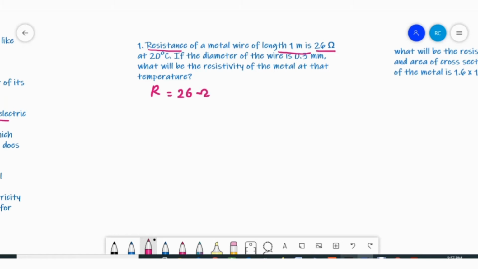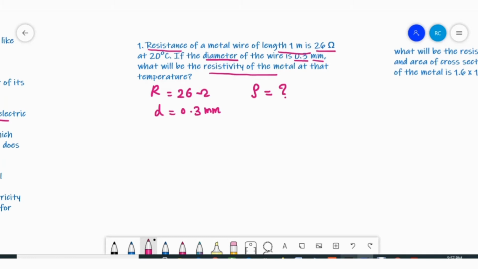If the diameter of the wire is 0.3 mm, what will be the resistivity of the metal at that temperature? So diameter is given, D is equal to 0.3 mm, and you need to calculate resistivity rho.